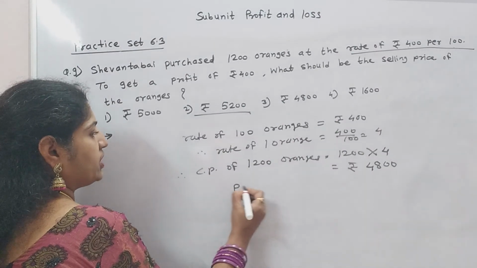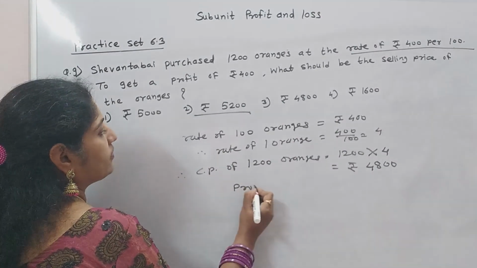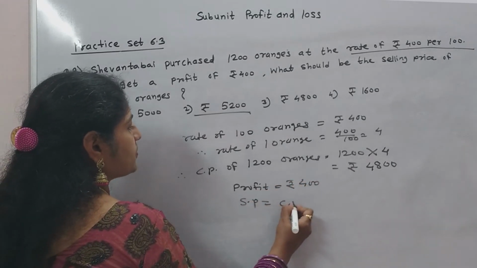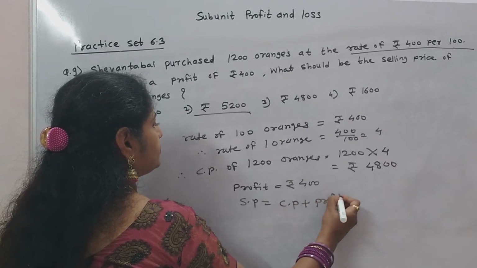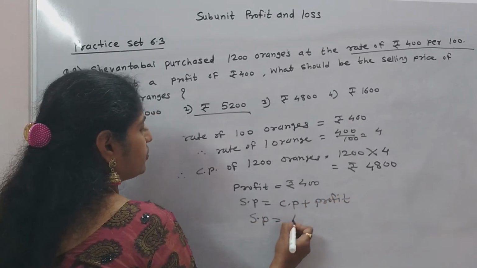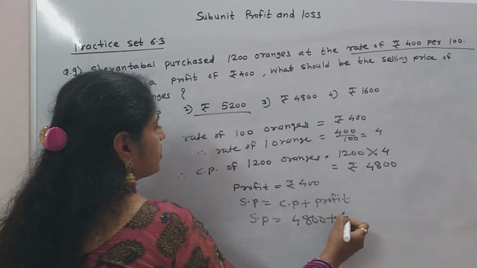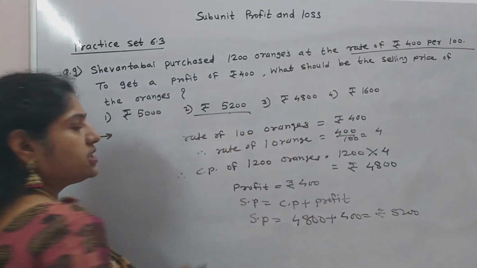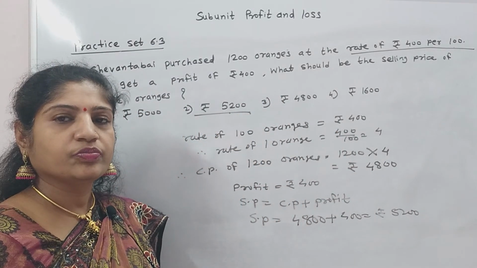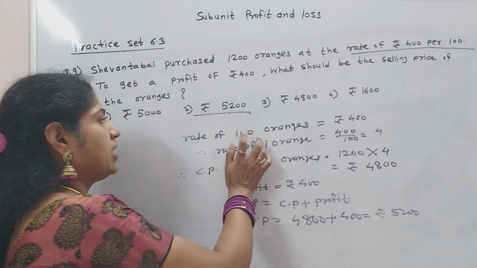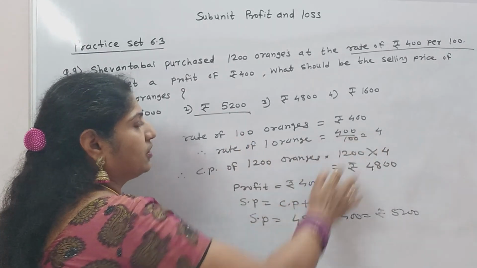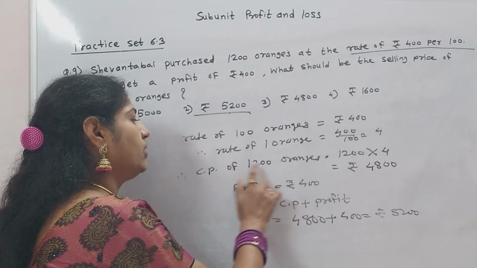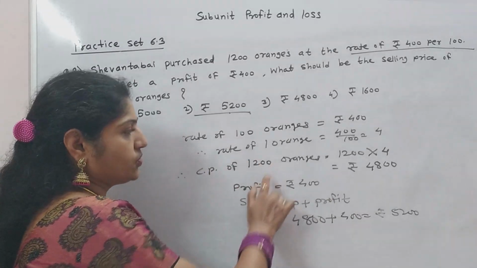And profit given is 400. So selling price equal to cost price plus profit. Selling price equal to 4,800 plus 400, that is selling price equal to 5,200. Answer is option number 2. Here I calculated the cost price of 1 orange, then the cost price of 1,200 oranges.